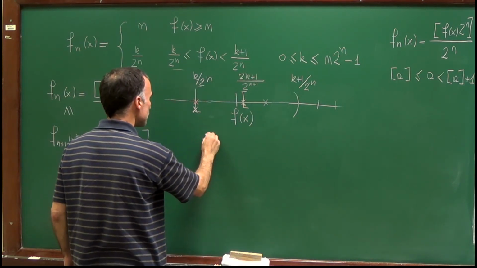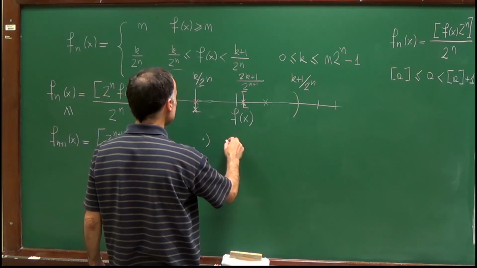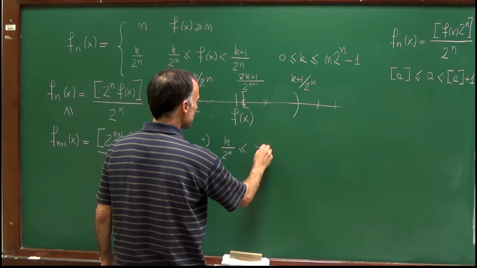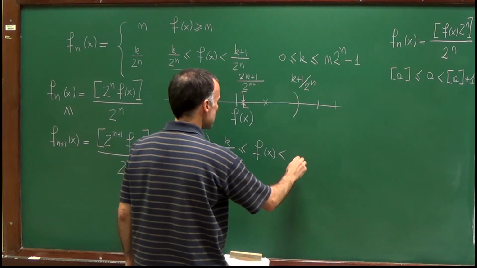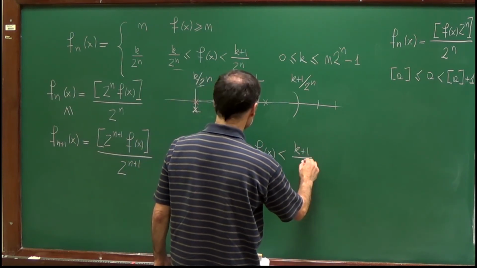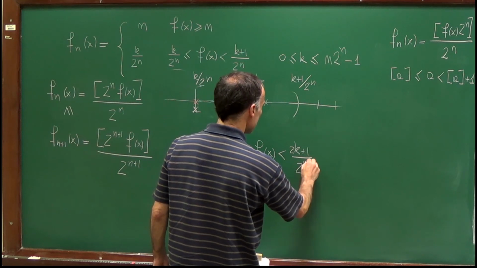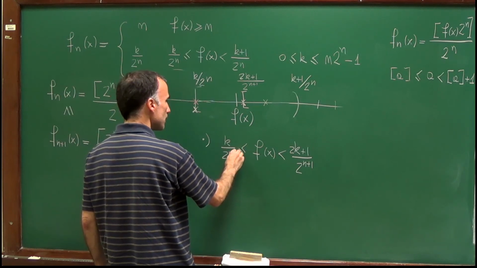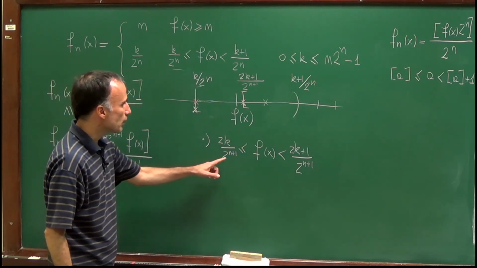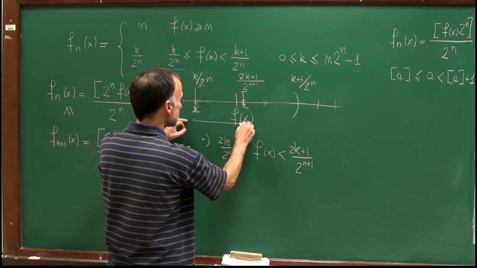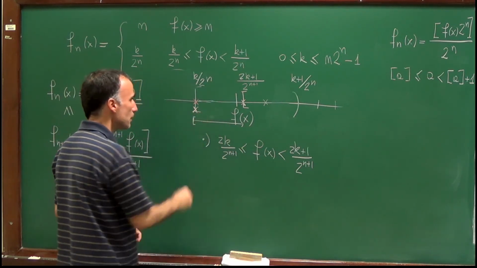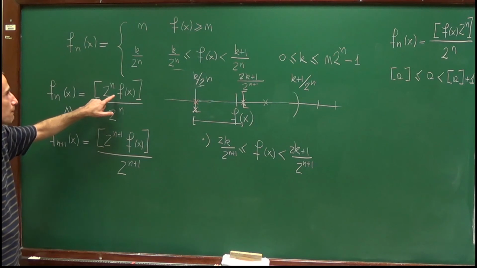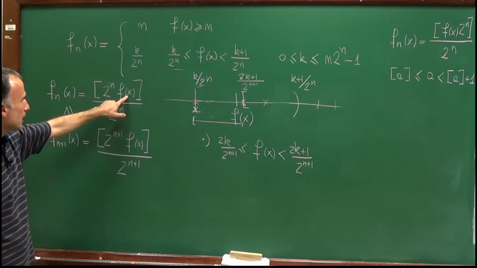So I want to consider two different cases. Let's first assume that k divided by 2 to the power n is less than or equal to f of x, which is smaller than 2k plus 1 divided by 2 to the power n plus 1. And let me rewrite this expression as 2k divided by 2 to the power n plus 1. So I'm first considering the case in which f of x belongs to this first interval, where k here, remember, is the integer value of 2 to the power n times f of x.